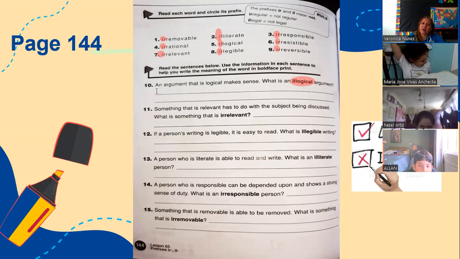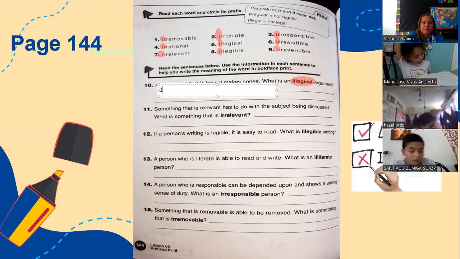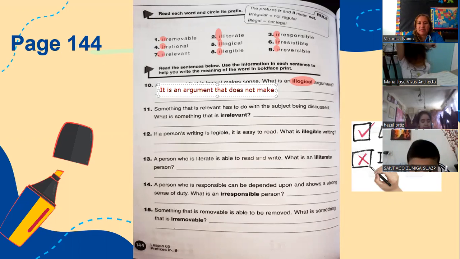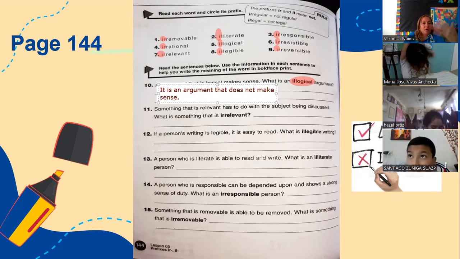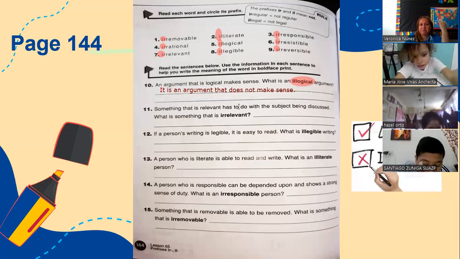What is an illogical argument? Something that does not make sense. Exactly. Logical, something that makes sense. Illogical, it's an argument that does not make sense.